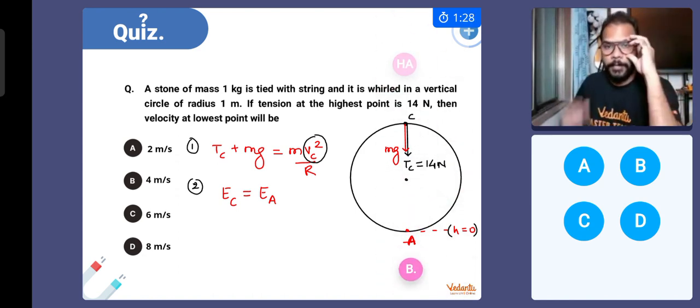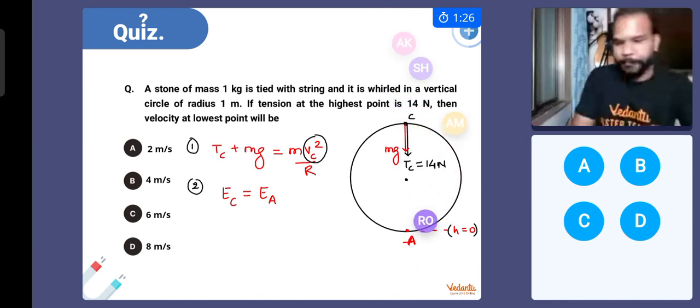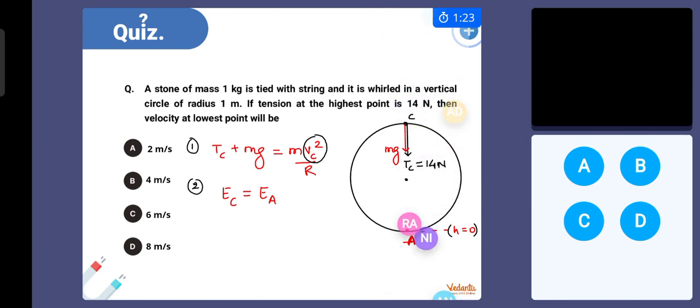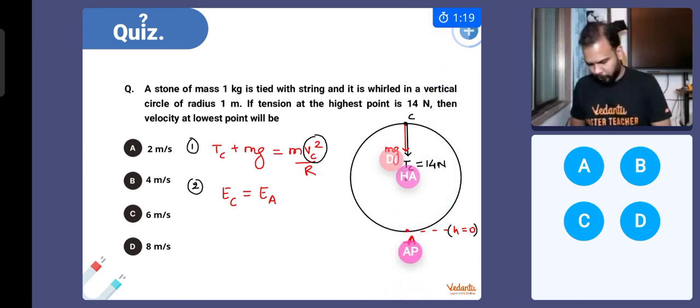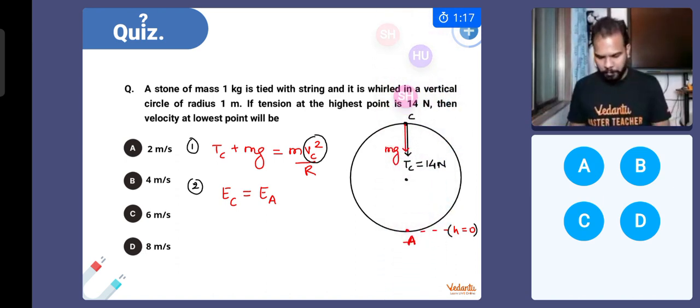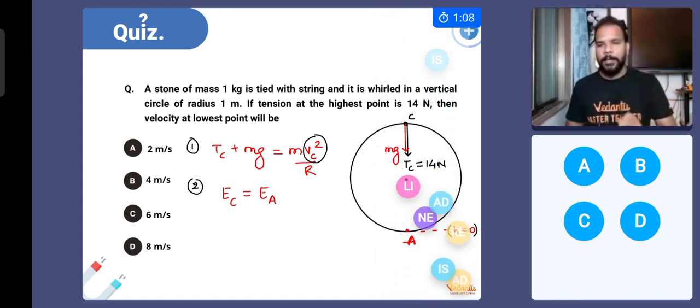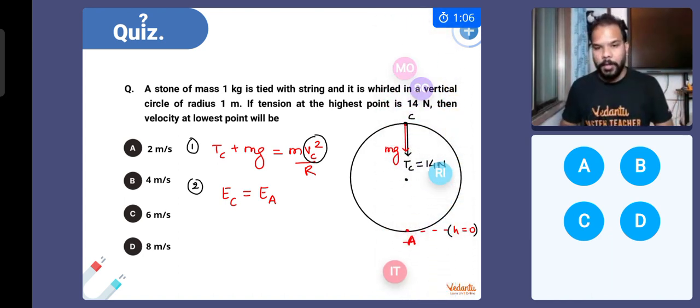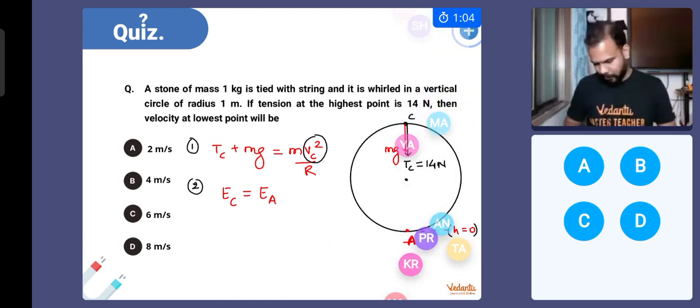One minute gone, one more minute left. Come on everyone, 20 seconds remaining. Steps are already there, just have to solve it. Increase your solving speed. Very few people have answered it.